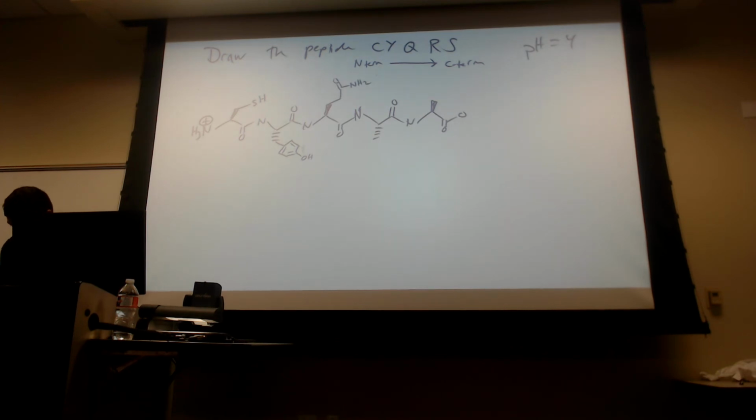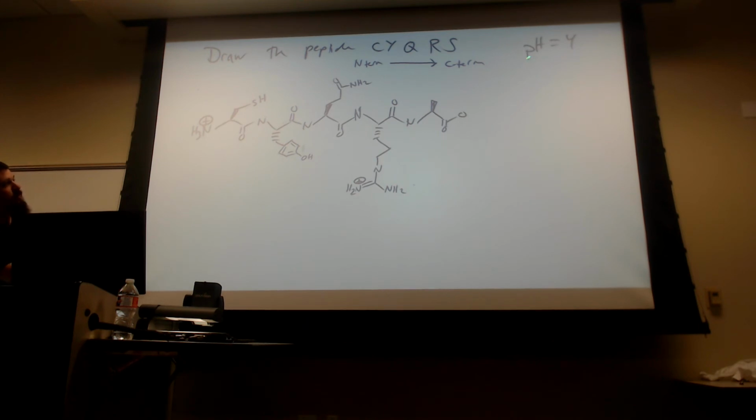And R is arginine. Every amino-containing side chain has 4 carbons, but arginine has 1, 2, 3. Then it has a nitrogen. Then its 4th carbon, which is attached to 2 other nitrogens, one of which is double bonded, one of which is not.